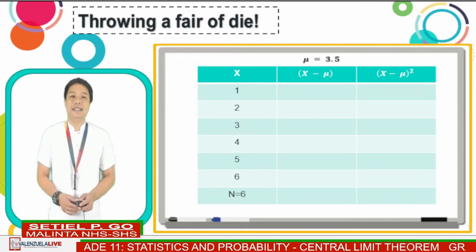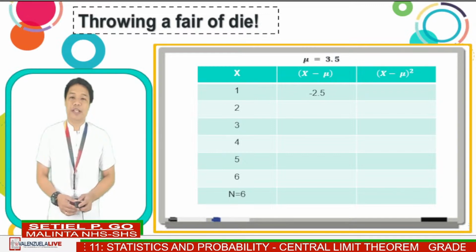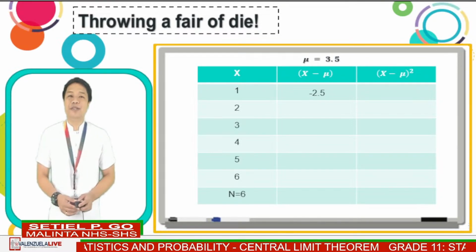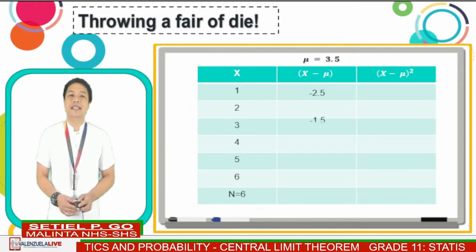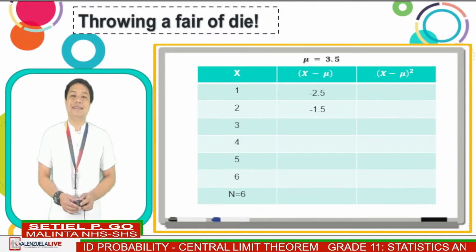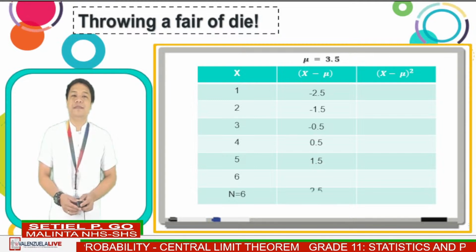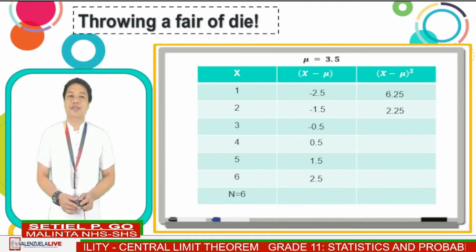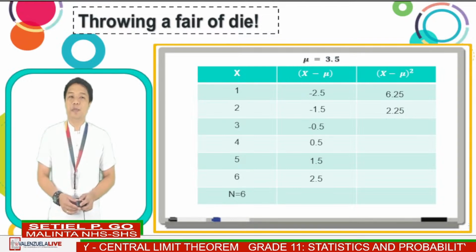The result is negative 2.5. Now, let's proceed to 2 minus 3.5. The result is negative 1.5. The pattern continue until 6 minus 3.5 is equal to 2.5.